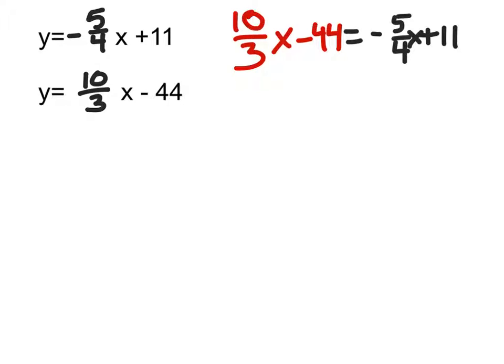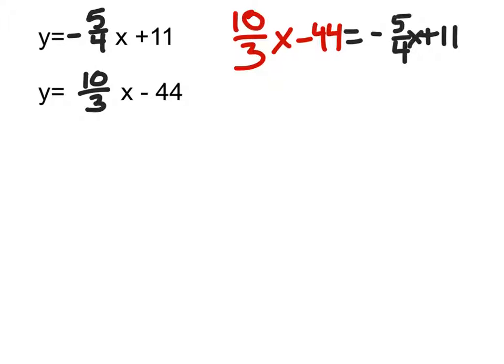variables. So I need to solve for that x value, and I can get rid of the fractions right away by finding common denominators everywhere. However, that may be slightly painful just because of the 44 and 11 would then become a little bit large, but we can still do it.